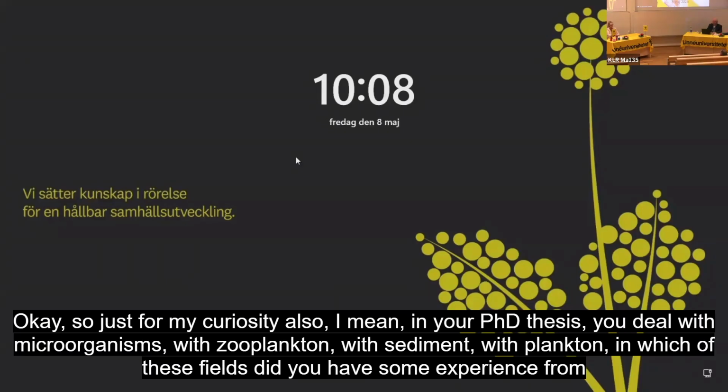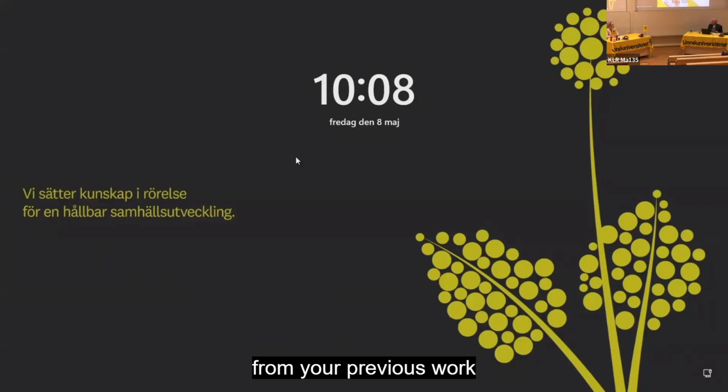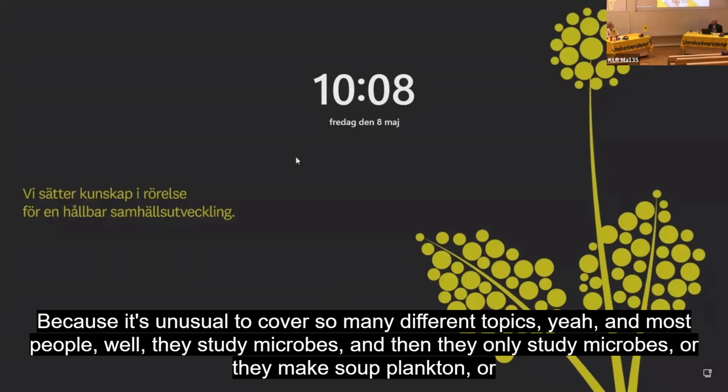Okay. Just out of curiosity, in your PhD thesis, you deal with microorganisms, zooplankton, sediment, plankton. In which of these fields did you have some experience from your previous work? Because it's unusual to cover so many different topics, and most people study only microbes, or only zooplankton or sediment.